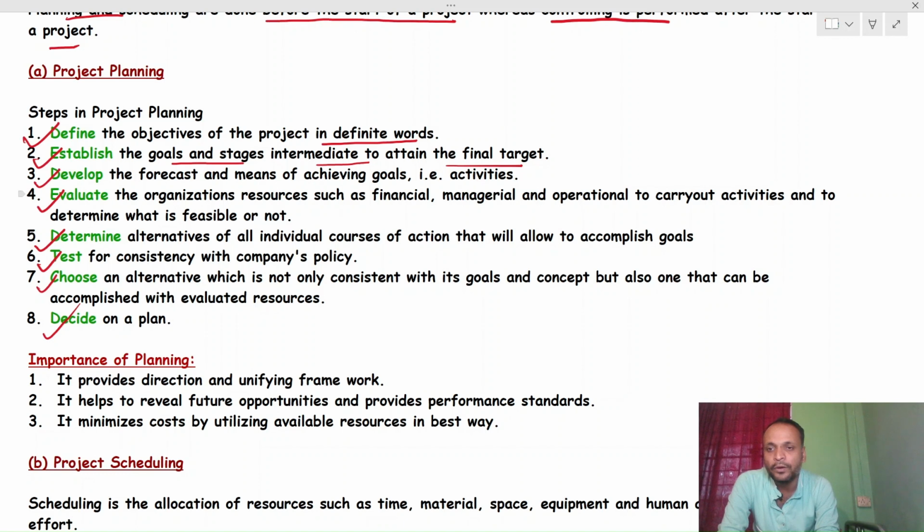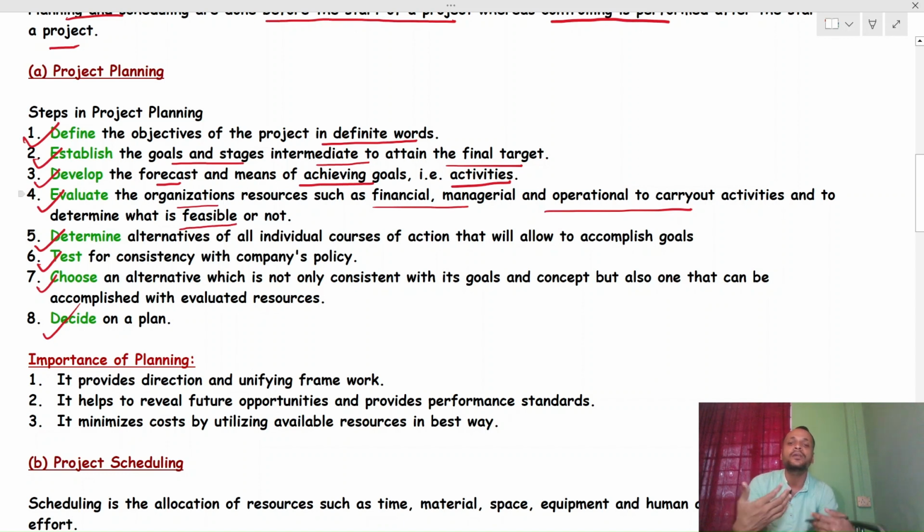Then develop the forecast and means of achieving goals. You have to forecast at what time each activity will finish, this activity before this one, then after that this activity will finish. These are the things you develop in forecasting the activities. Then evaluate the organization's resources, such as financial, managerial and operational, to carry out activities and determine what is feasible or not.